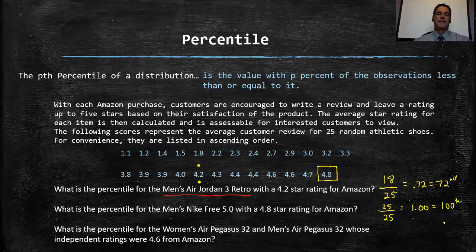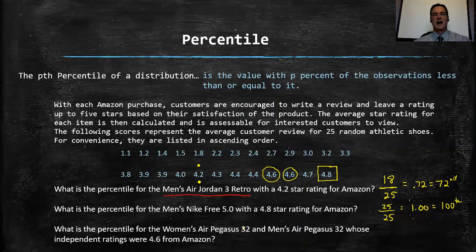Finally, it says, what is the percentile for a women's Air Pegasus 32 and a men's Air Pegasus 32 whose independent ratings were 4.6 from Amazon? Those are each here. And those are actual ratings at the time for that respective shoe for each of them. It was from different people, and they just happen to have the same rating.